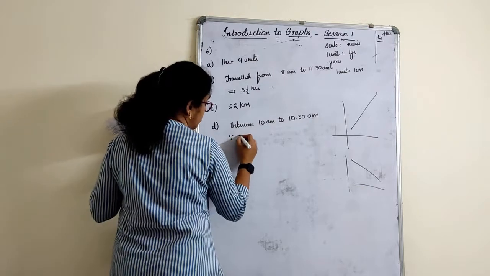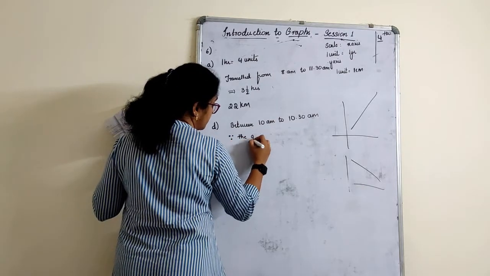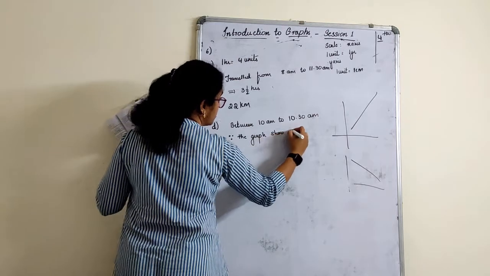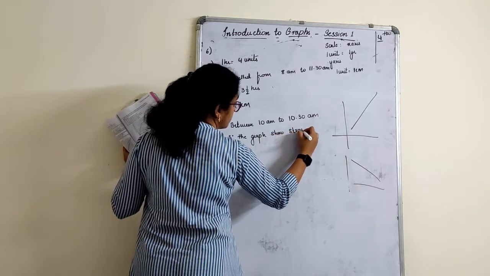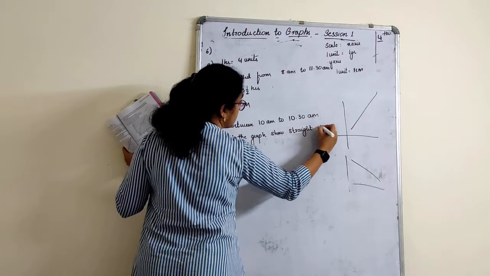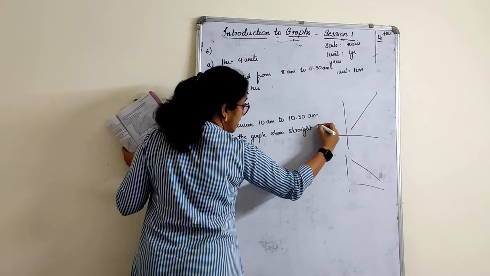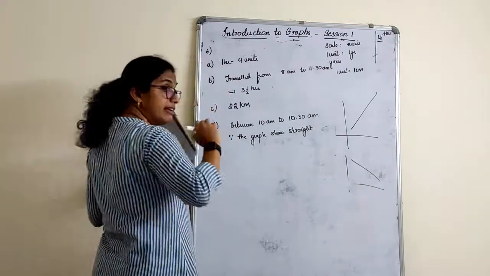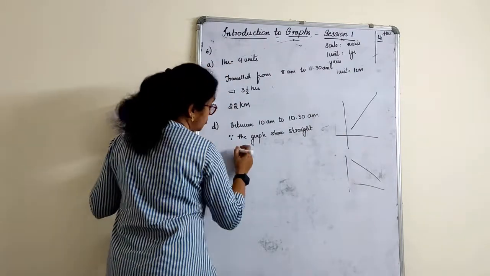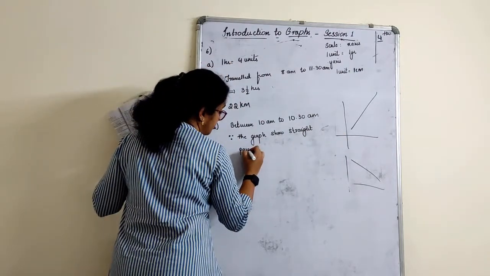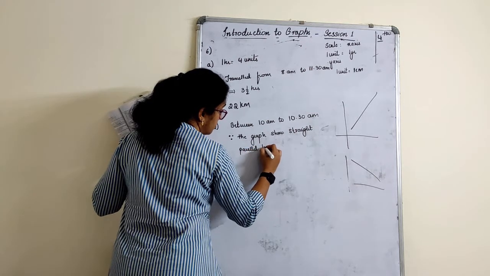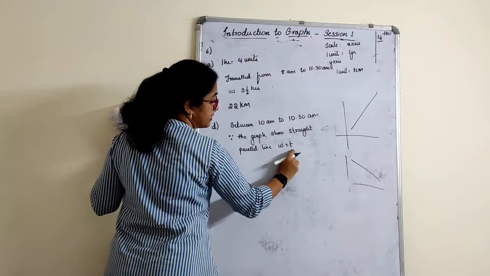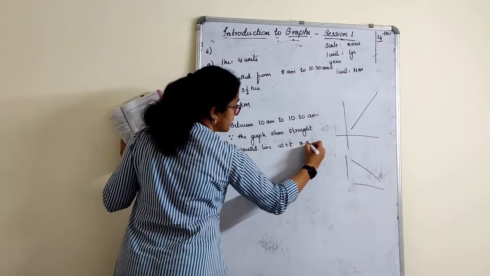Because the graph shows a straight parallel line, let us write. This graph, because a straight line can be this also, children. The graph shows a straight parallel line with respect to, WRT is with respect to, the x-axis.